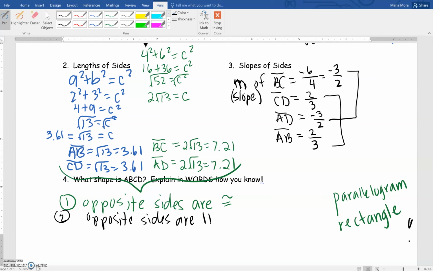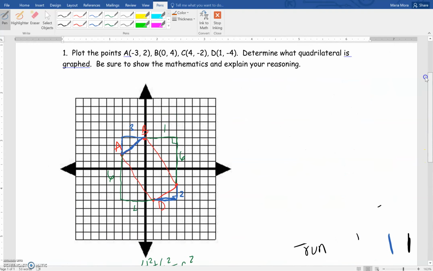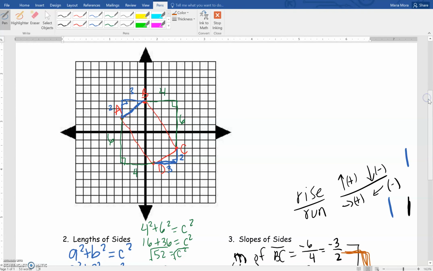Okay, and the last thing we can conclude is that these, what do you notice about these slopes right here? They're opposite reciprocals. One's positive, one's negative, and then they're flipped. So which side lengths are those? BC and CD. So let's see. BC and CD. So that means if the slopes are opposite reciprocals, that means that the lines are perpendicular.